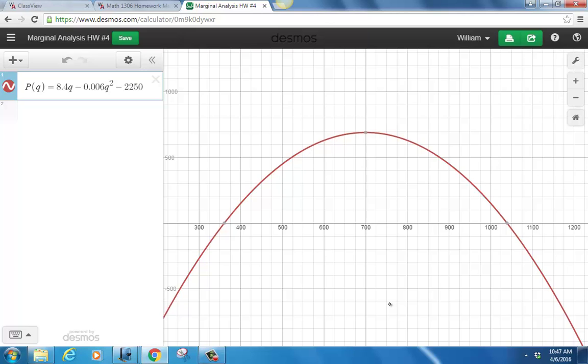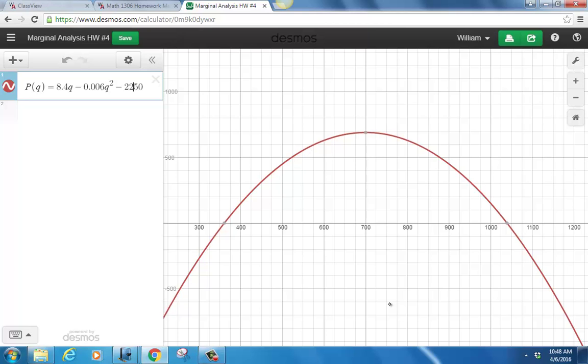So I'm not quite sure if this peak point is at 700. When you get past a production level of 700, a thousand, maybe 1,030. So it's right here in the middle of the curve.